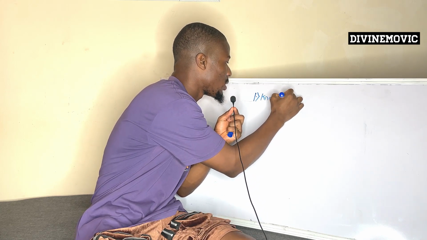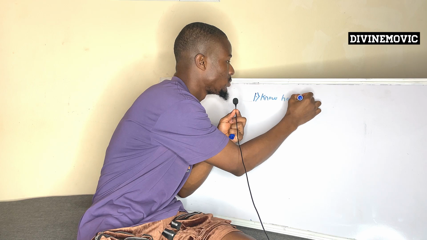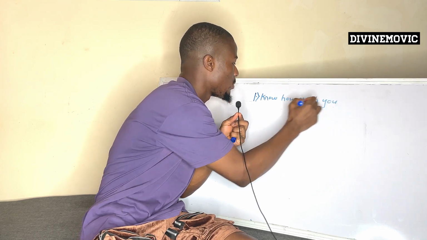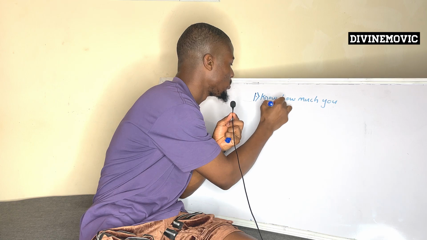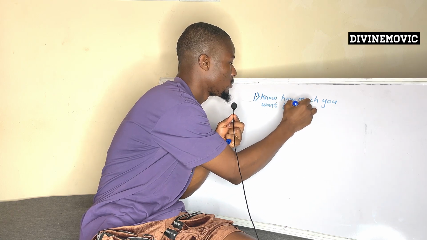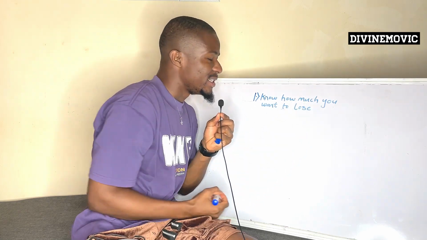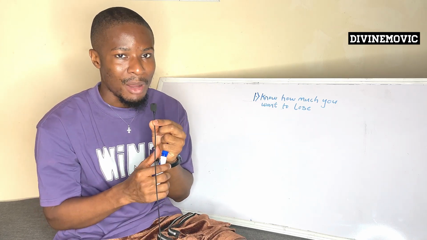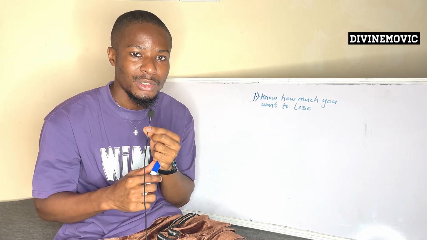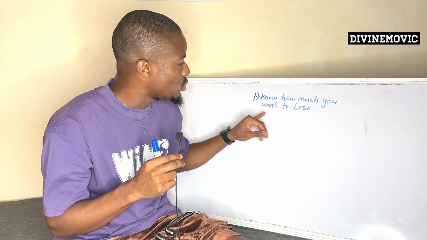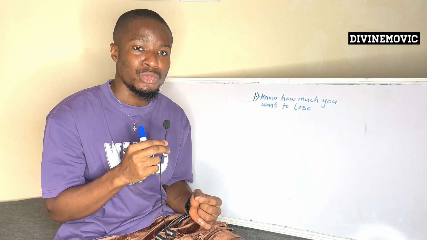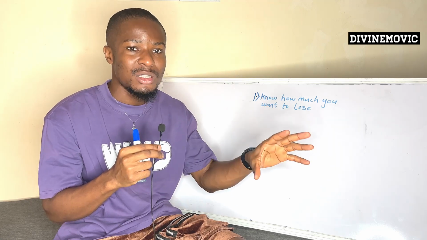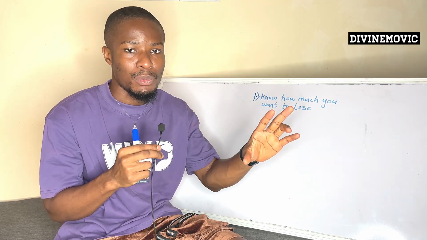This is the first thing you need to understand. Now, knowing how much you want to lose is not about how much capital you have, but instead about you being able to understand how much you are willing to risk or lose on a particular setup.